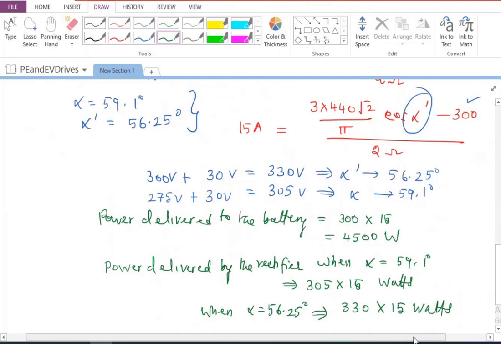Okay. So this kind of concludes our discussion on rectifiers. We had seen half-wave rectifier with diode. We had seen center-tapped rectifier with diode. We had seen full bridge rectifier in single-phase case as well as three-phase case with diodes. Then we had looked at SCR-based rectifier. First of all, half-wave rectifier.